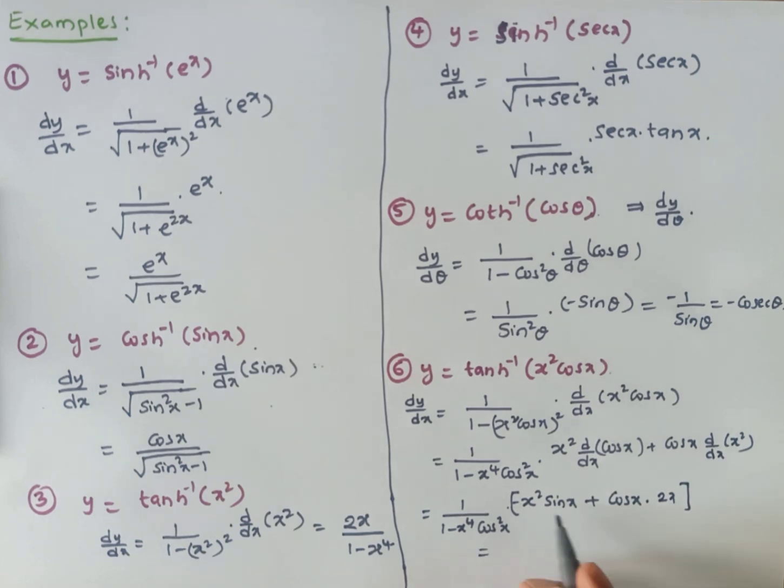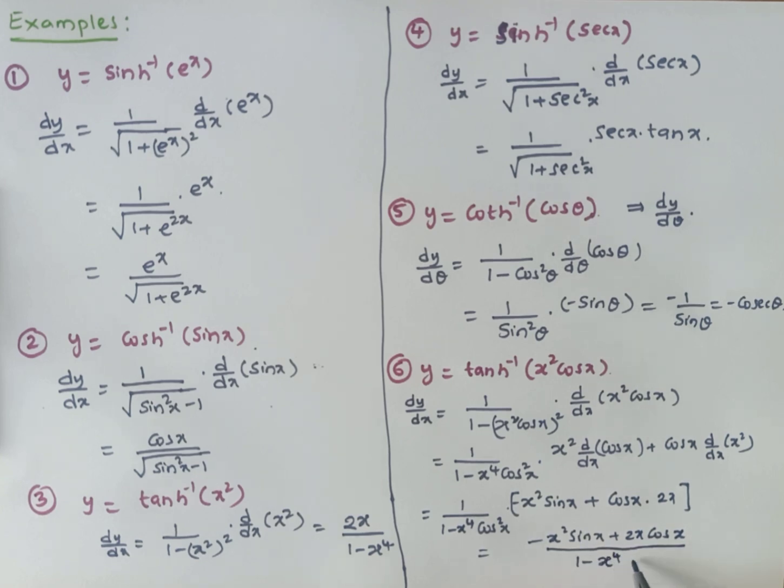So finally this is minus x square into sin x plus 2x into cos x, whole divided by 1 minus x to the power of 4 into cos square x. So this is the derivative of the given function.